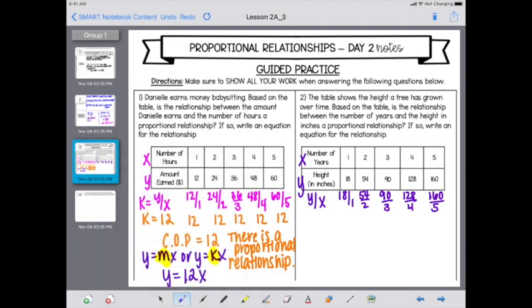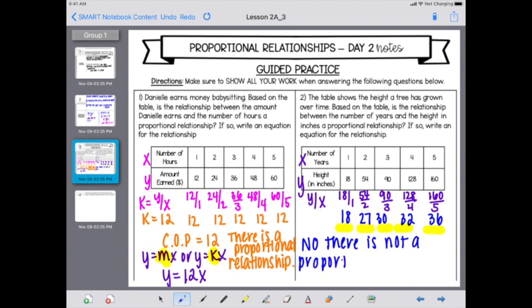Okay, once we simplify, we get 18, 27, 30, 32, and 36. So if you notice, each one of these is different. They're not the same. So that means no, there is not a proportional relationship.